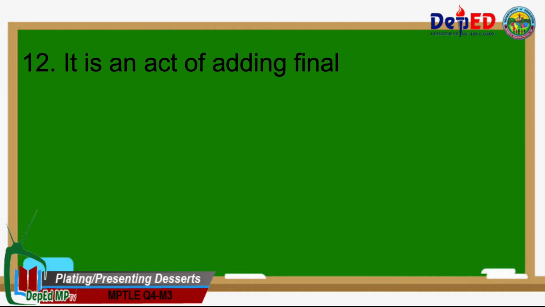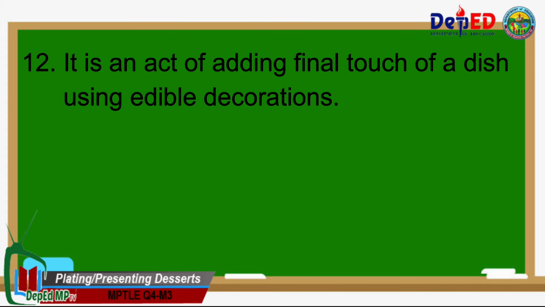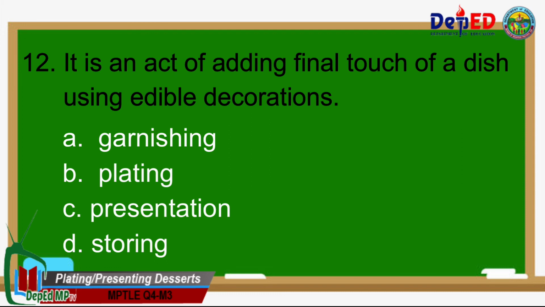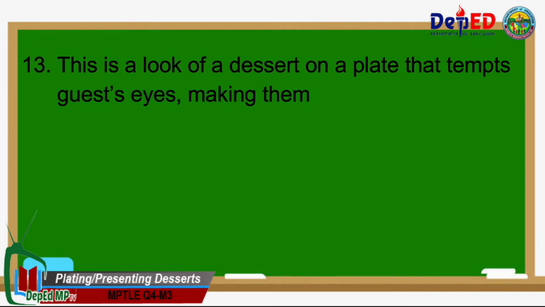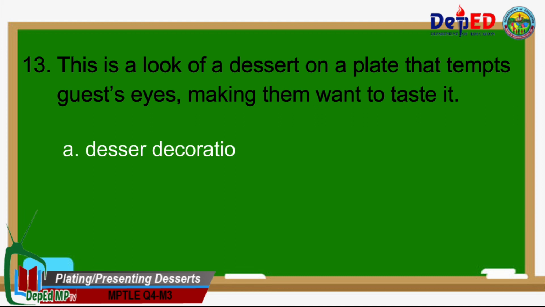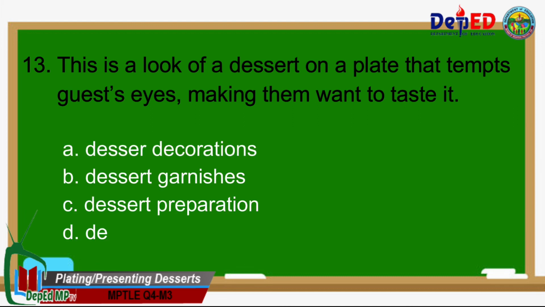Number 12. It is an act of adding the final touch of a dish using edible decorations. Letter A, garnishing. Letter B, plating. Letter C, presentation. Letter D, storing. The correct answer is letter B. Number 13. This is a look of a dessert on a plate that tempts guests' eyes, making them want to taste it. Letter A, dessert decorations. Letter B, dessert garnishes. Letter C, dessert preparation.